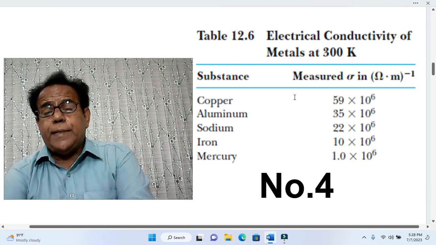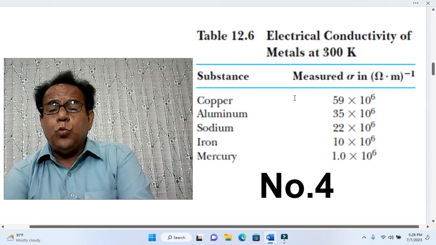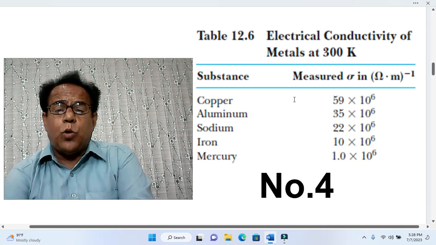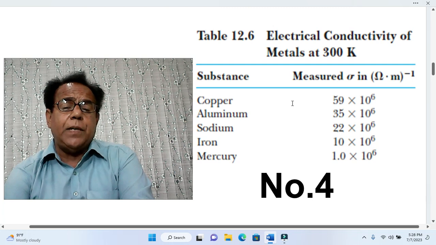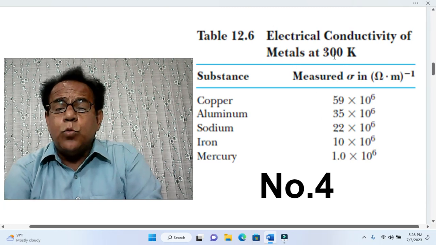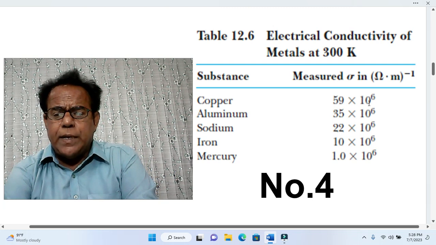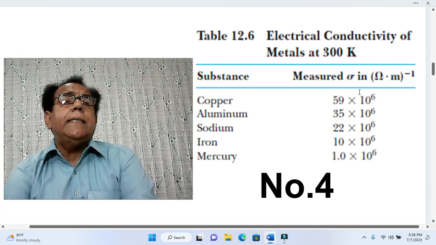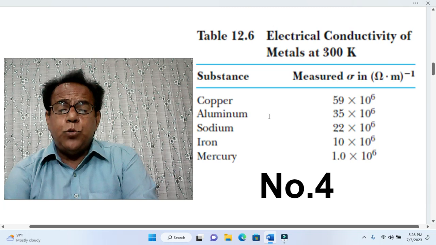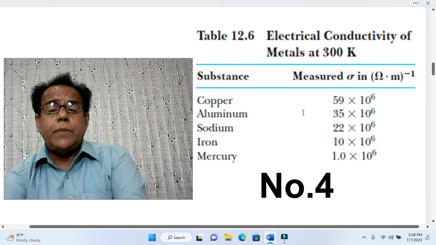The purpose of including it in our helping tools is to develop confidence that even if this value of electrical conductivity of copper at room temperature, that is 59 × 10^6 per ohm per meter, is not provided in the statement, we can take this value from this table.